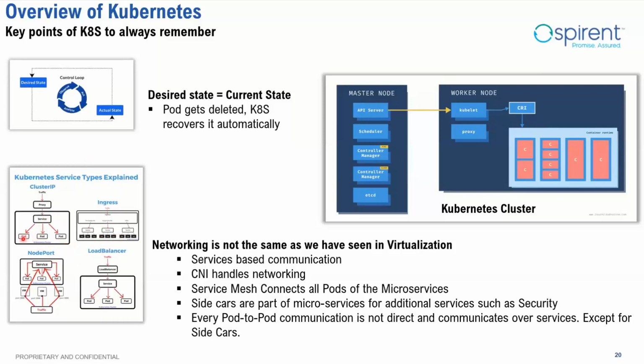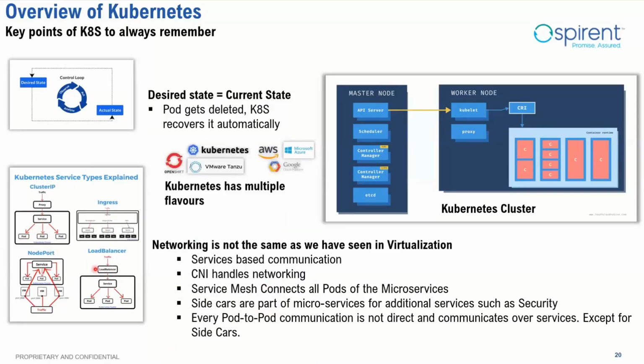It's very rare. In all my experience, I have not seen pod-to-pod communication over an IP directly. No, it is through a service. It can be HTTP port number 80, port number 8080, port number 8989, whatever port the service exposes, it will communicate on that particular port. Same thing on ingress, load balancer, and node port.